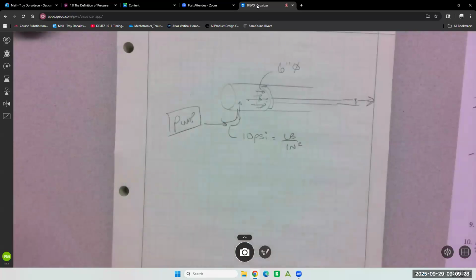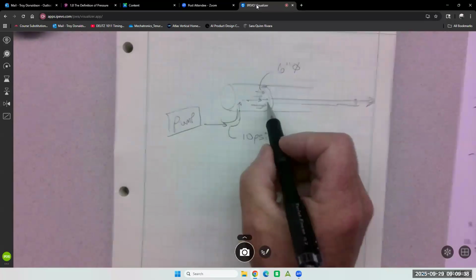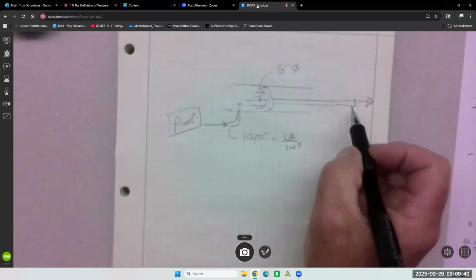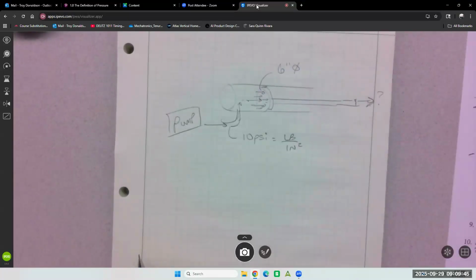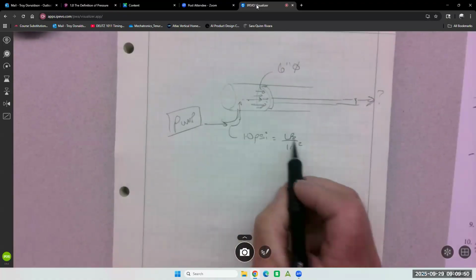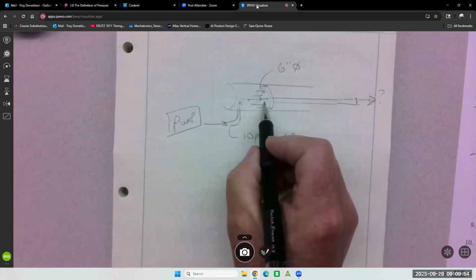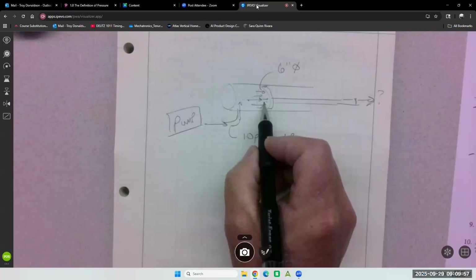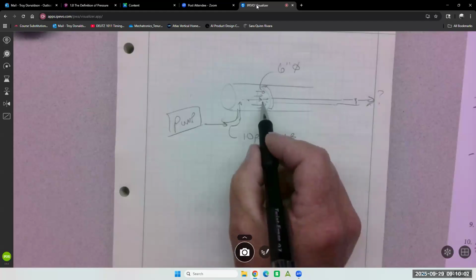We can just go into a catalog and pick a pump that'll give me 10 PSI. It goes into this chamber and it's going to move this cylinder. How much can it push is the question. How much load can we move? Well, we have 10 pounds per inch squared, so we should be able to calculate inches squared. How many inches squared do we have? Because for every inch squared, we get 10 pounds. That's how fluid pressure works.